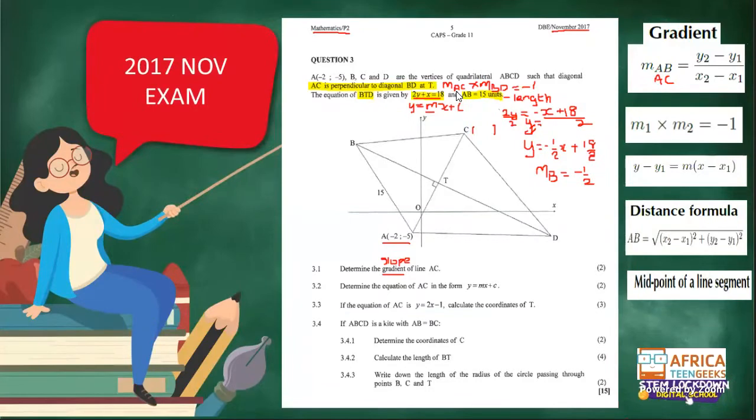So this is BD. Now that you know the gradient of BD, you only have one unknown, which is AC. So what would be the gradient of AC? Which number would you multiply with negative half to get negative 1?